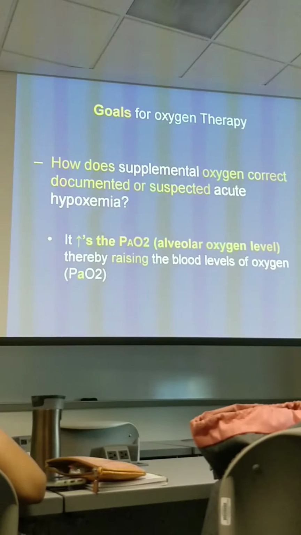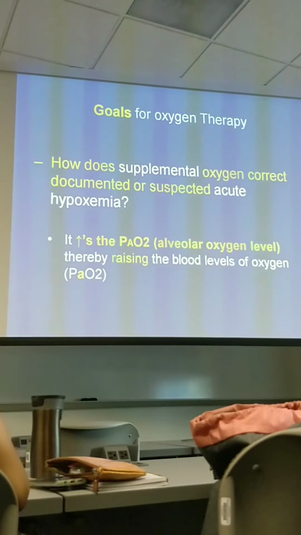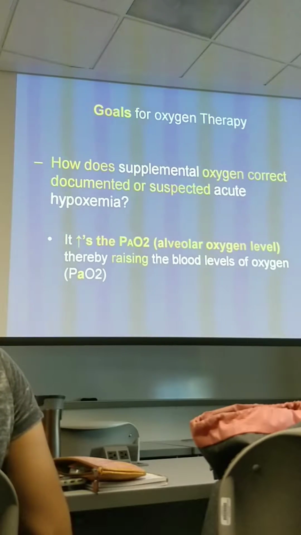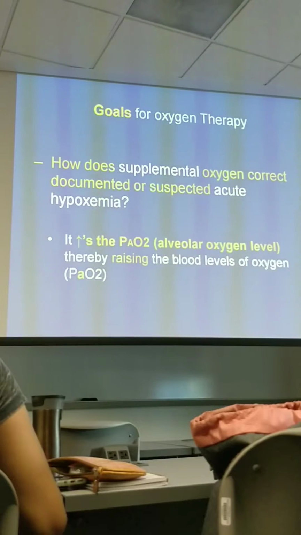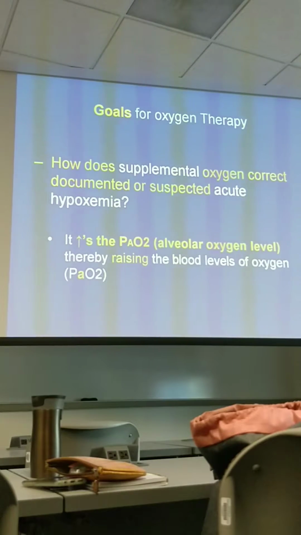So does the lowercase and uppercase matter? Yes, absolutely. Uppercase A means alveoli and lowercase a means arterial. That's going to become critically important in 1570 when you start doing calculations. Big A is always referring to alveolar, and little a always refers to arterial.